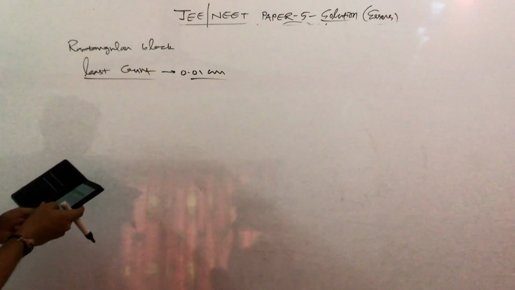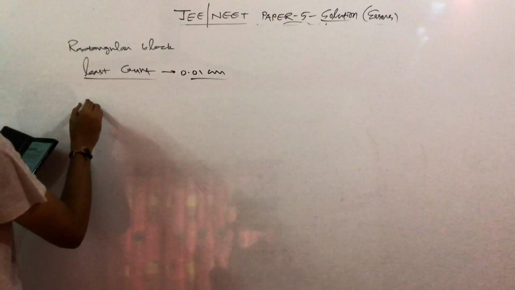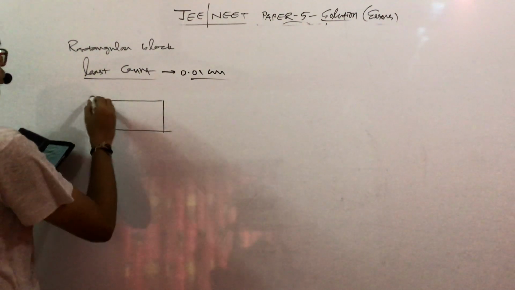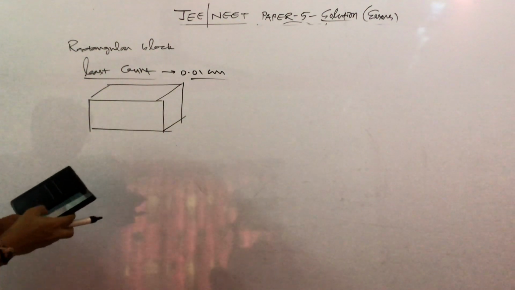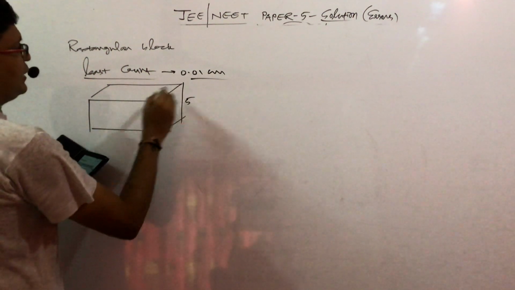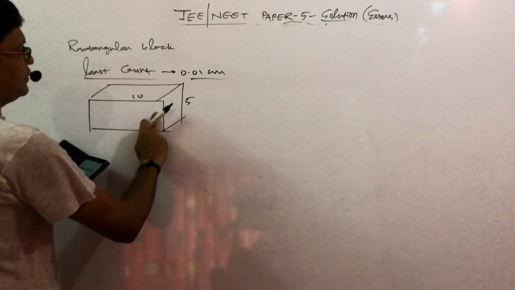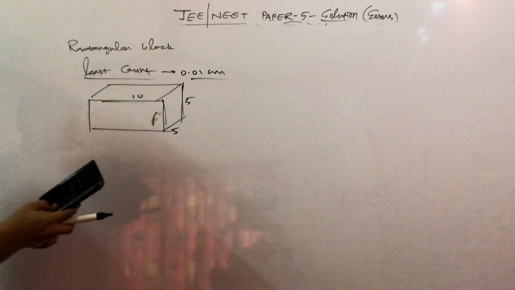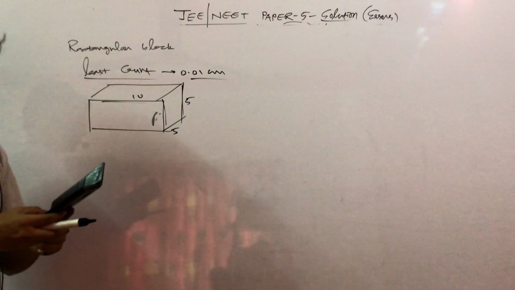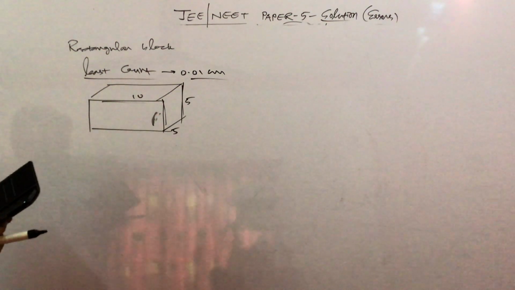What is the, we can say the dimension? Dimension देखो rectangular है और block, this type of rectangular block, 5 mm, 10 mm, 5 mm. Length, breadth, width, thickness, जिसे आप लोग height भी कहते हैं. The maximum percentage error in the measurement of the volume.